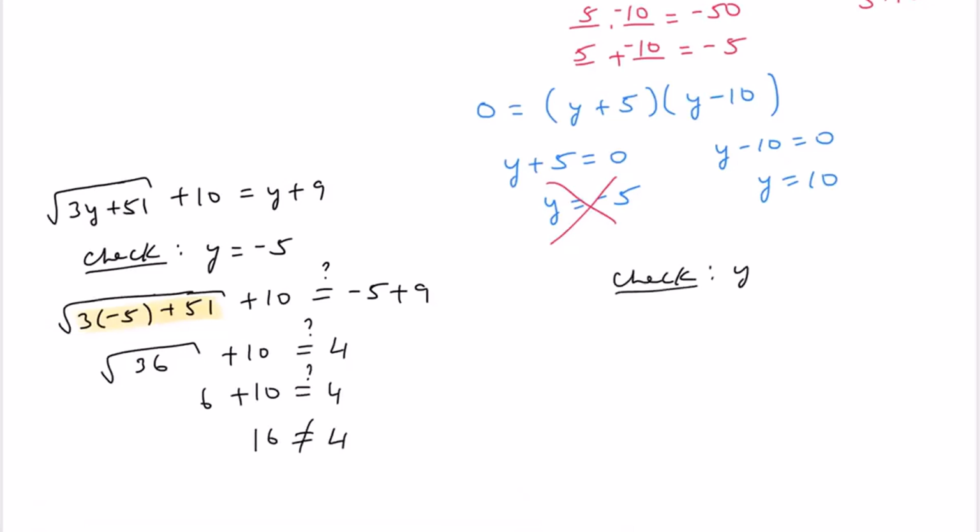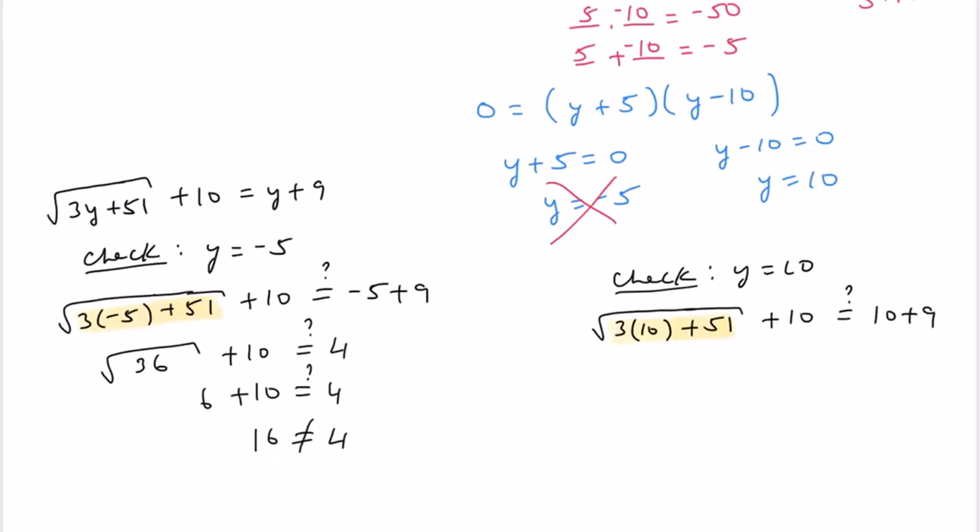Let's check for y is 10. So we have the square root of 3 times 10 plus 51, plus 10. Is this equal to 10 plus 9?